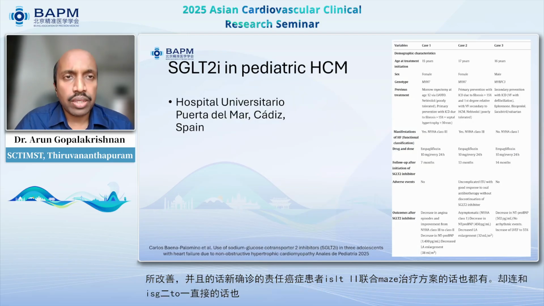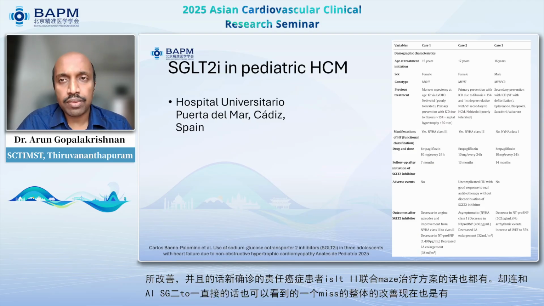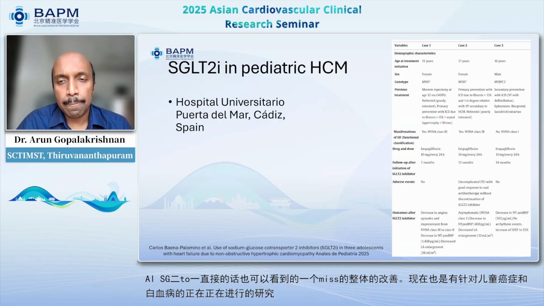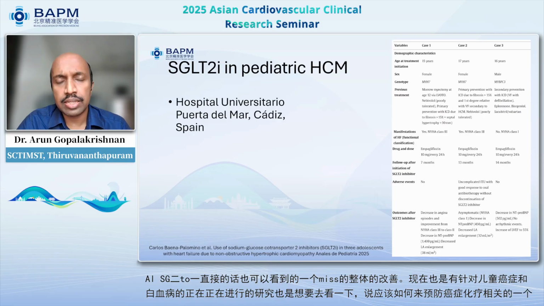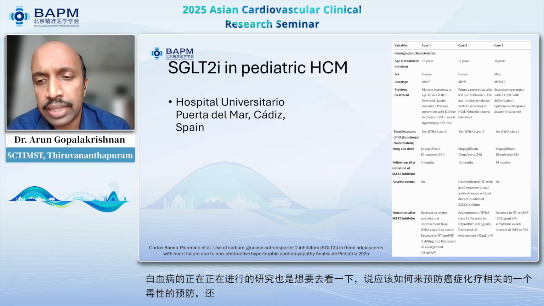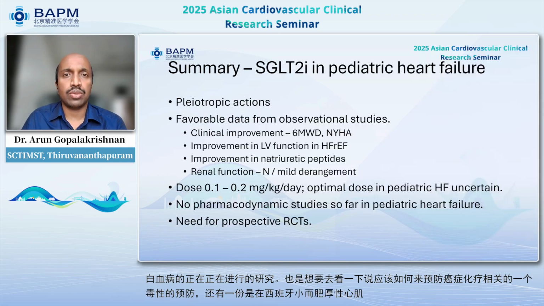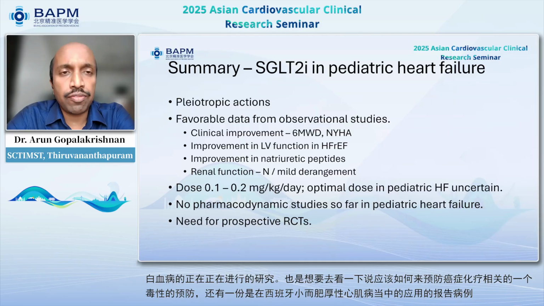There is a case report regarding SGLT2 application in pediatric hypertrophic cardiomyopathy from Spain, where they reported 3 patients, 2 of them post-myectomy, and empagliflozin was tried, resulting in symptomatic improvement and decrease in NT-proBNP levels, but the data is too early to give conclusions.